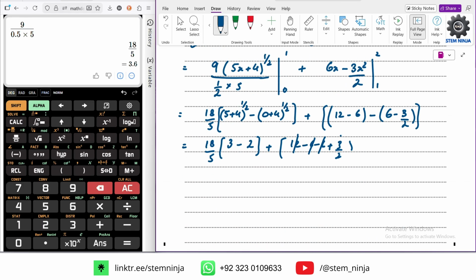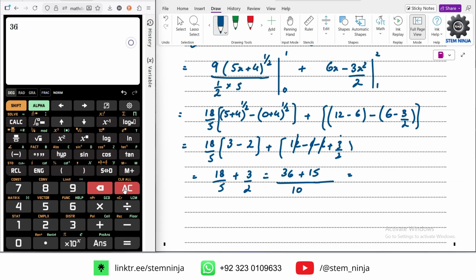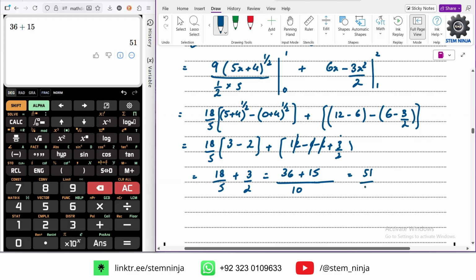Either way, that's fine, we got the same thing. So this is just 18 over 5 plus 3 by 2, so this becomes 36 plus 15, so 51 over 10, or 5.1.